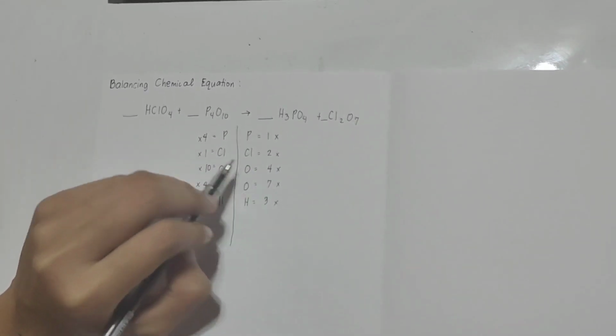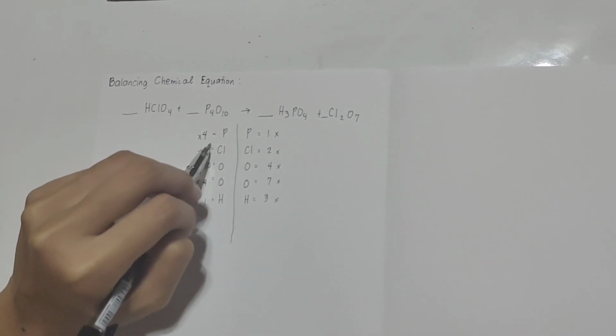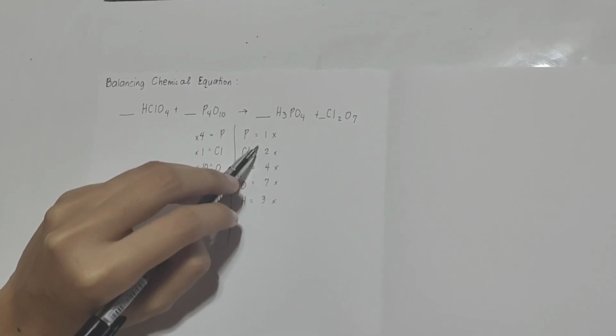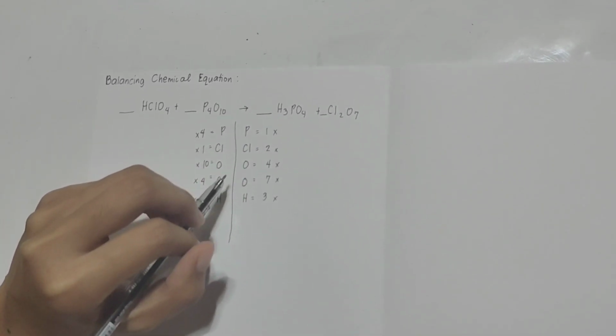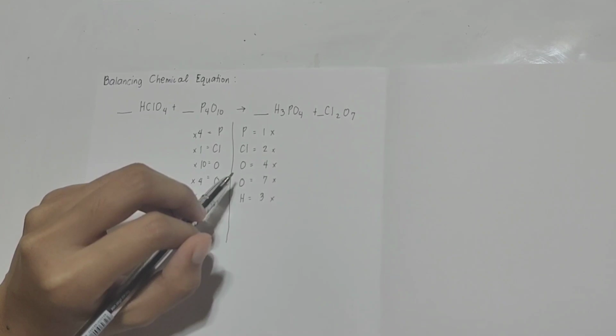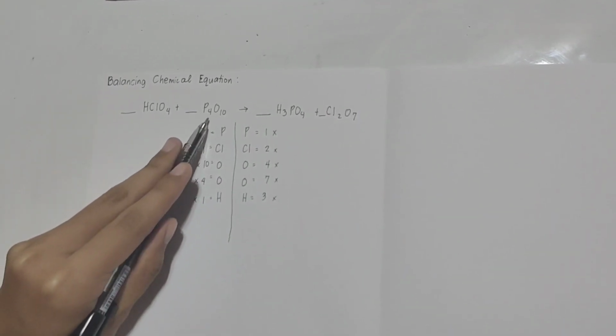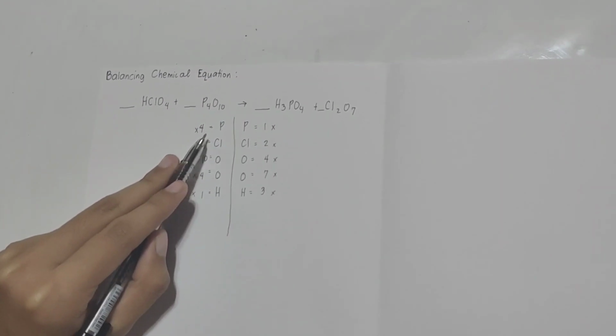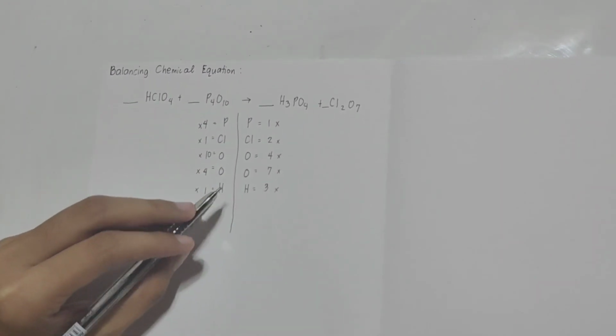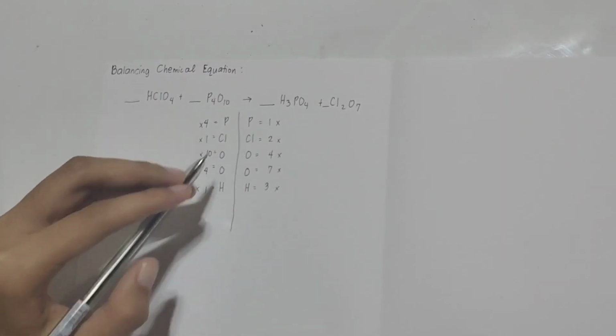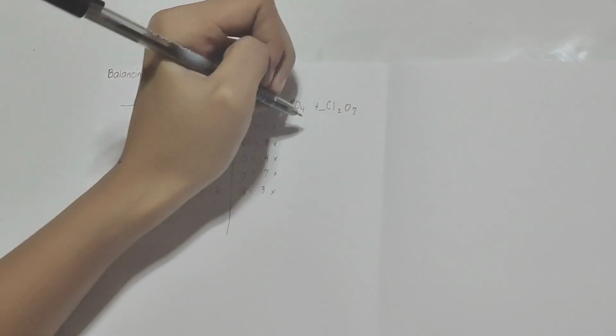Is the number of atoms the same? No, not yet. That's why we will be placing a coefficient. Since the subscript of phosphorus in the reactant is 4, how about placing a coefficient of 4 for the product? So let's try it.